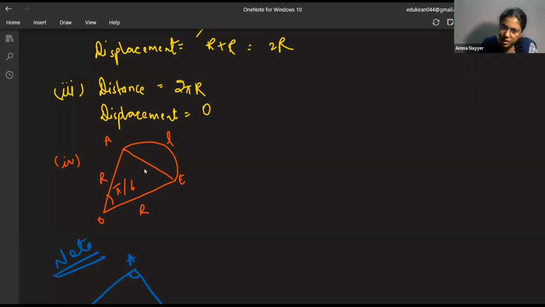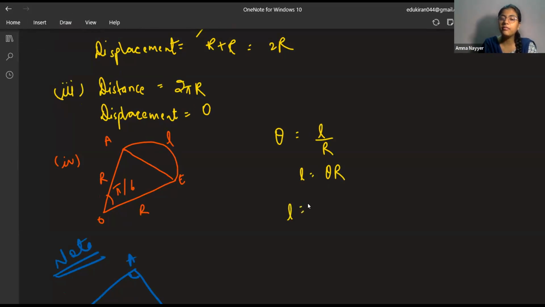And this portion, A to E, for displacement. Understood? Now see, there's a relation: theta, the angle subtended at the center, is equal to the length of the arc divided by the radius of the arc. So the length of the arc will be equal to theta multiplied by the radius of the arc.